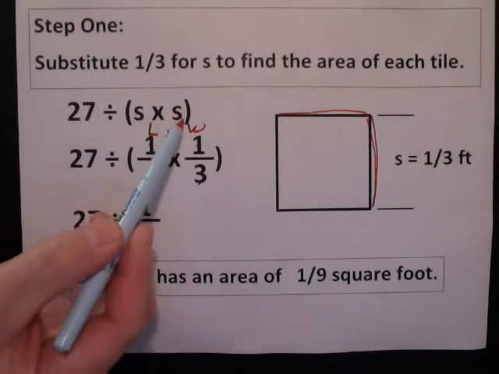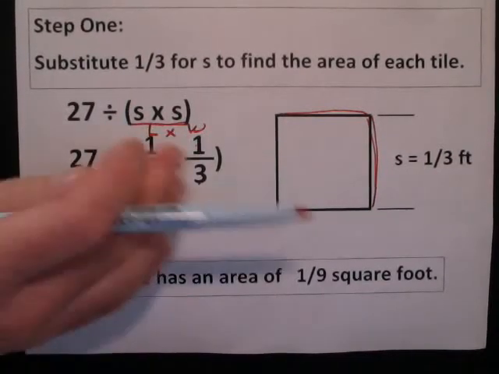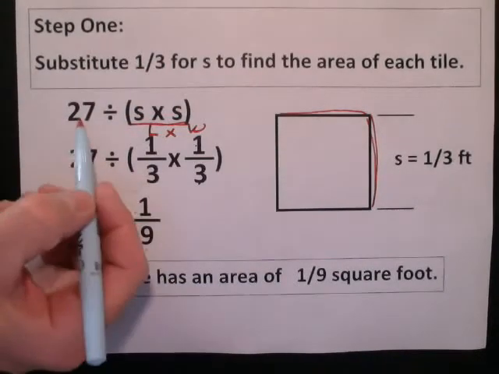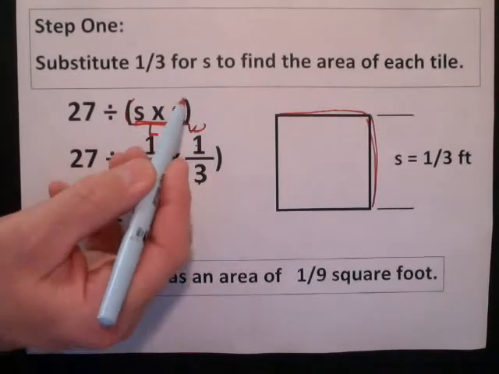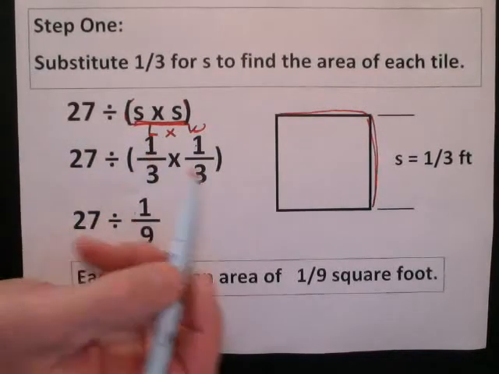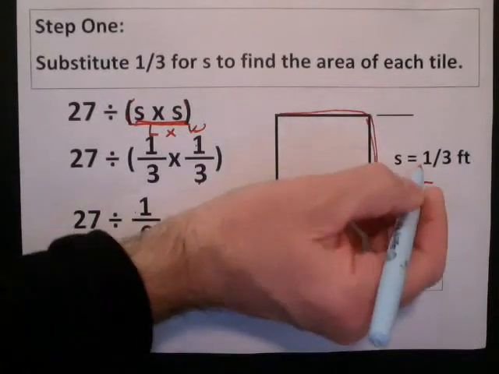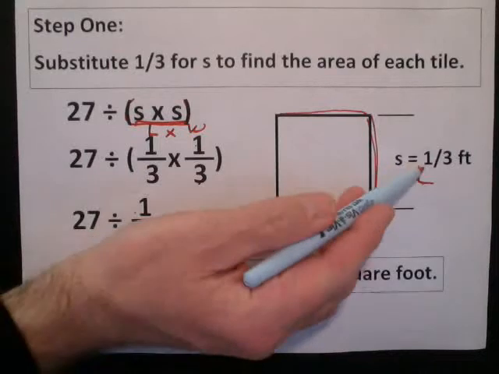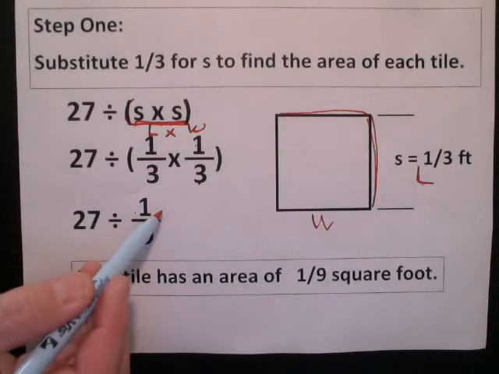The reason we need to find the area of the tile first is because you have the whole room, and you're going to divide that by the tile area. So you find the area of your tile first, that's in parentheses, with 1/3 as the length and the width. You multiply 1/3 times 1/3, and you get 1/9.